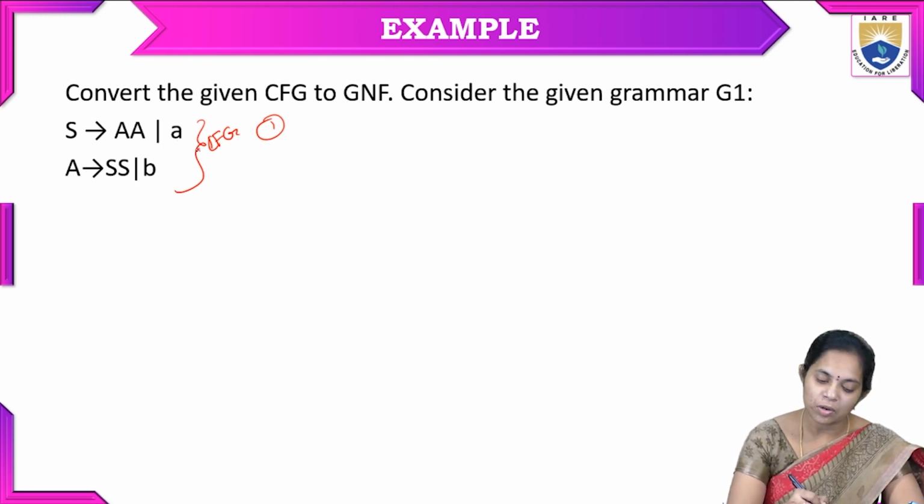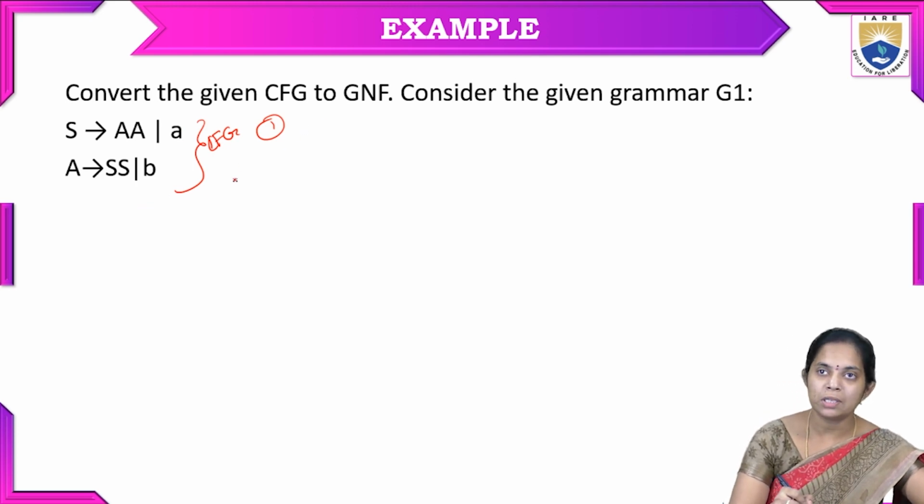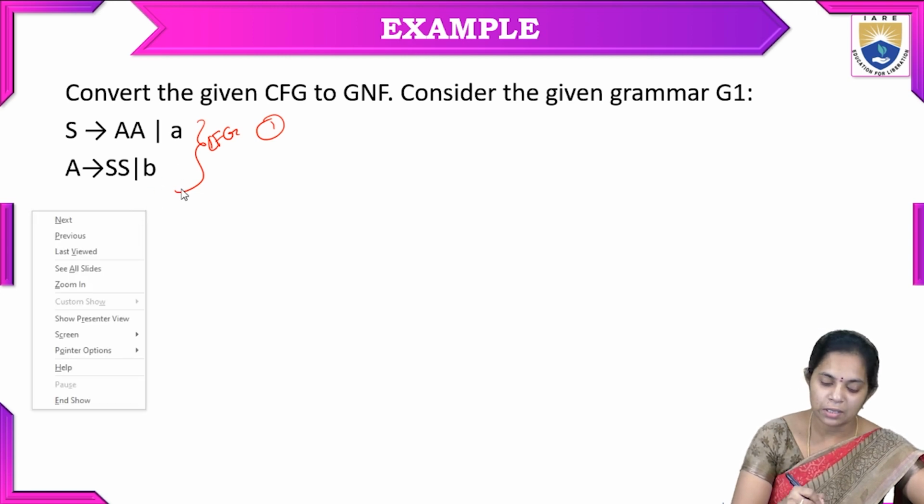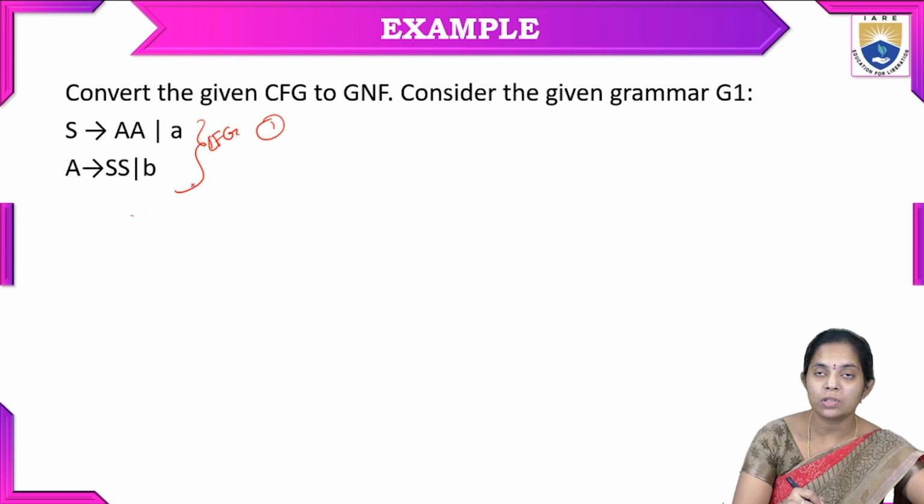And for this context-free grammar, the first step is not required. Why? Because there are no useless symbols, unit productions are not there, and epsilon symbols are not there. And in the second step, if the grammar is not in CNF, Chomsky normal form, we have to convert it.